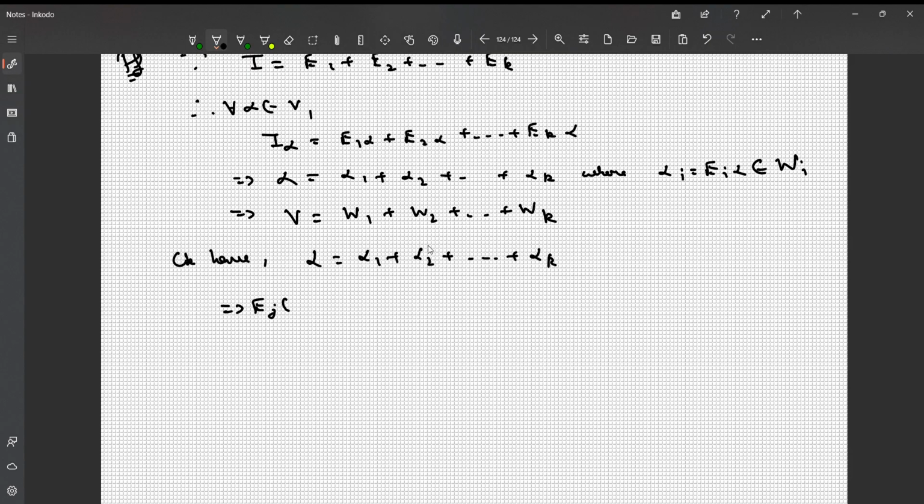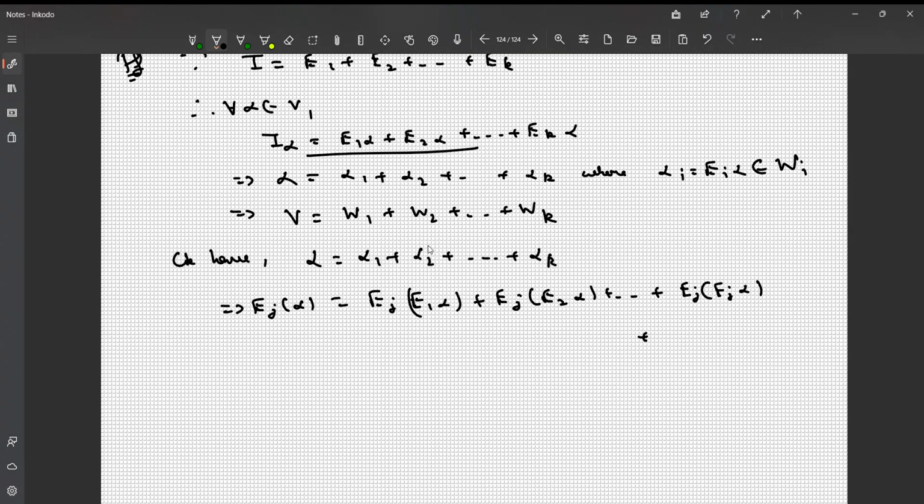We can write alpha using this previous expression. So it's Ej of E1 of alpha plus Ej of E2 of alpha, and so on. We reach the jth position, so it's Ej of Ej of alpha, so on till we have Ej of Ek of alpha, right?